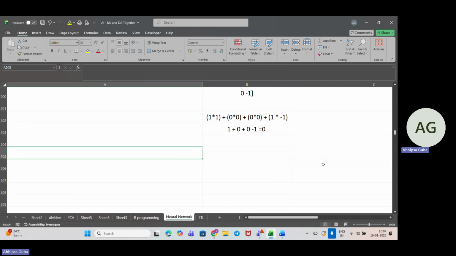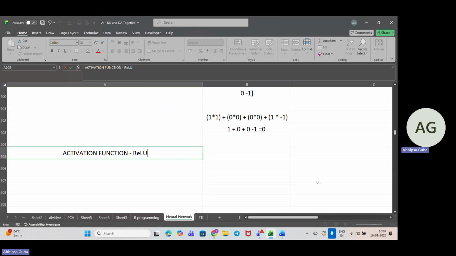Now we have the activation function. Here we are taking the ReLU activation function. After convolution, we apply the ReLU.